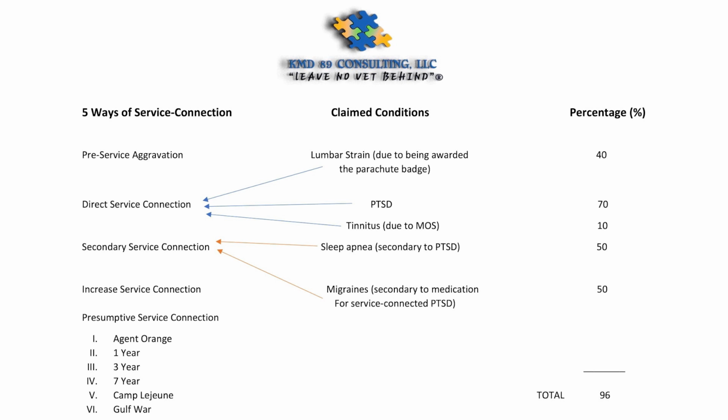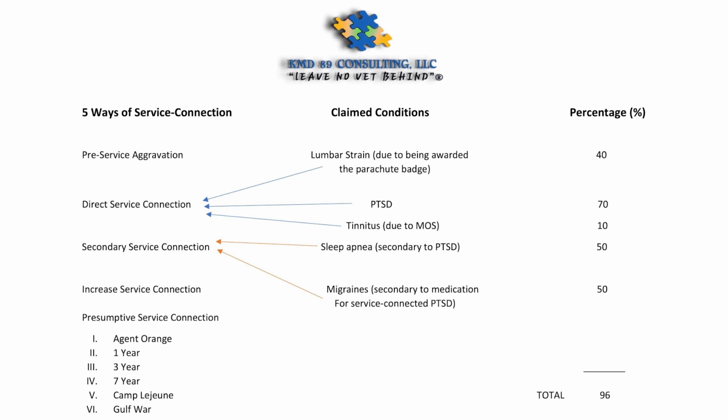But if you feel that you are entitled to 100% based on things that you're claiming, then fight for it, okay? But I'm not advocating that every vet goes out there and just tries to figure out ways to get there. If you so choose to do that, then more power to you. I'm not going to say there's something wrong, all right? Because everybody's claim is different. And like I said, if you feel that you want 100%, go after it, okay?